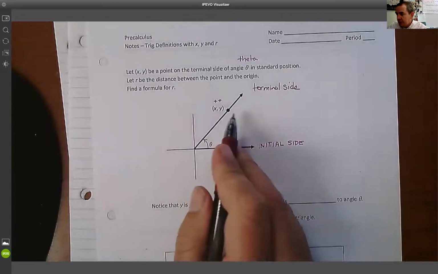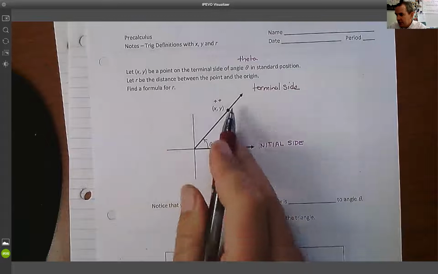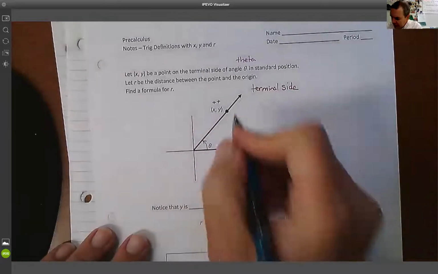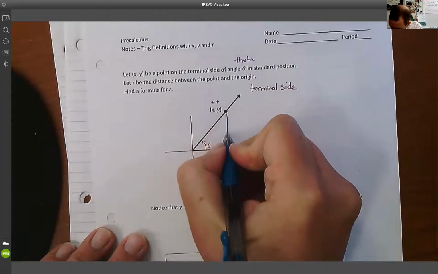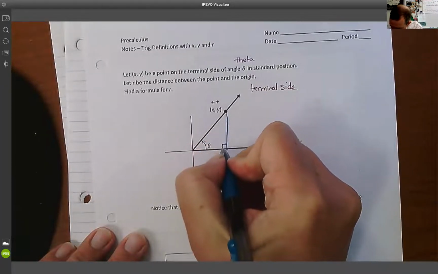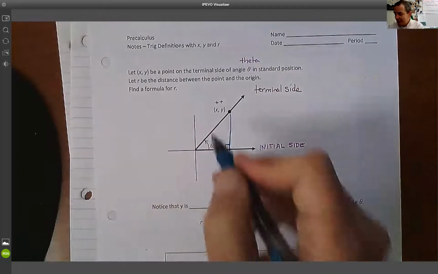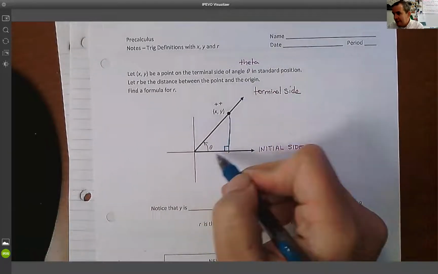So now that I have this angle here with the terminal side and an initial side, if I draw myself a vertical line that comes straight on down here, I am creating a right triangle. And the way you need to work on this right triangle is, now I have all those pieces. I have a hypotenuse here. I have two legs here.